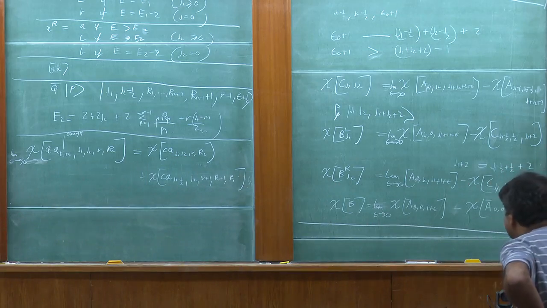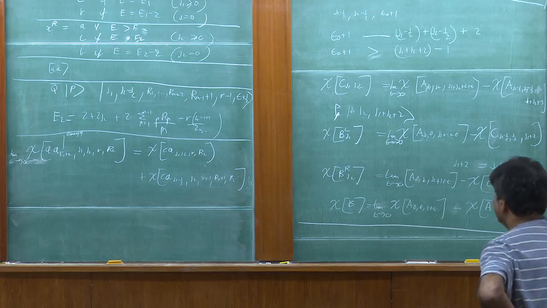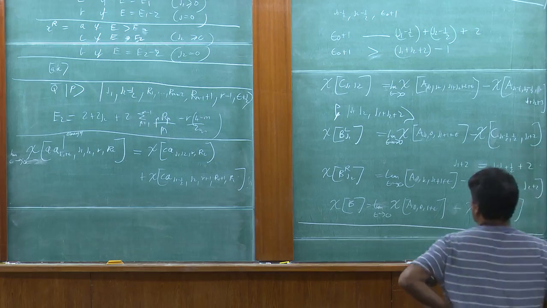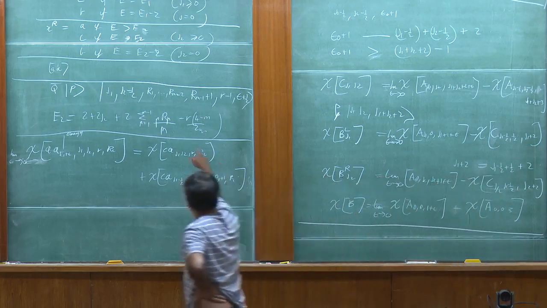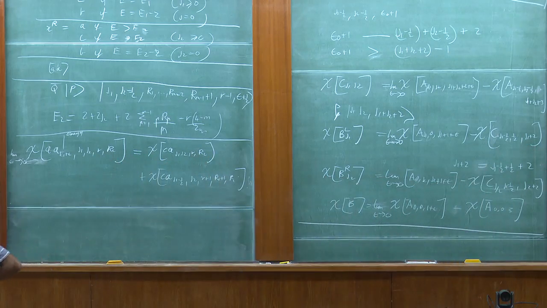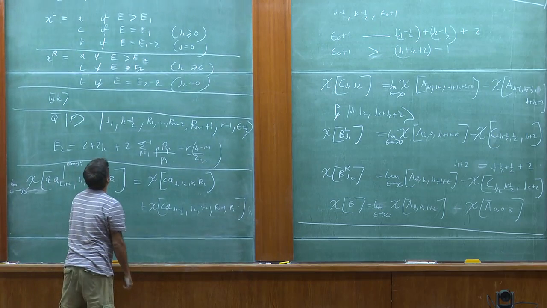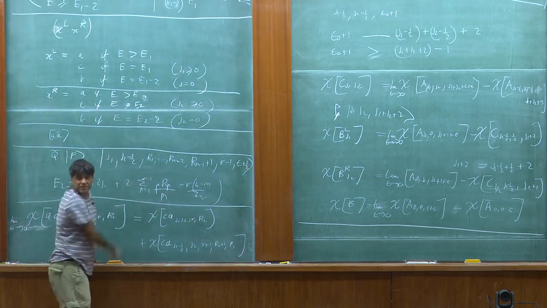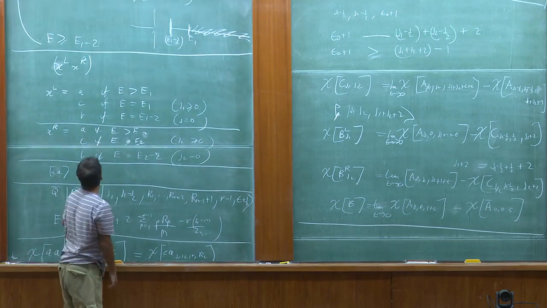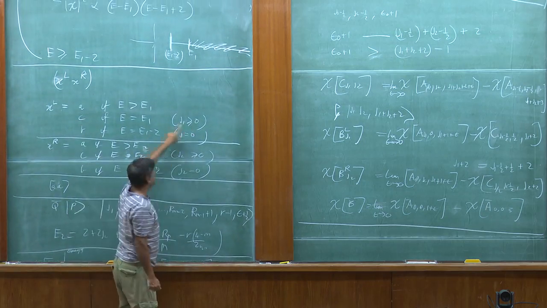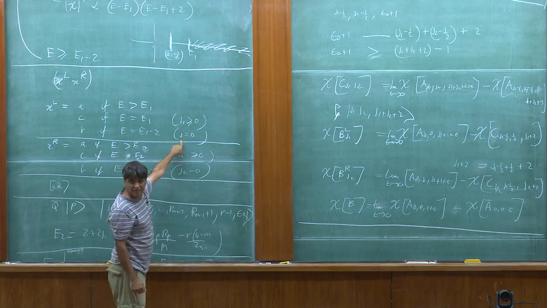What? J1 should be 0, no? Why? Because you have a C. C is J2 greater than or equal to 0. Could be anything. No, J1 greater than or equal to 0. B was the guy with J1 equals 0. C was for any J1. B was the special guy at J1 equals 0.